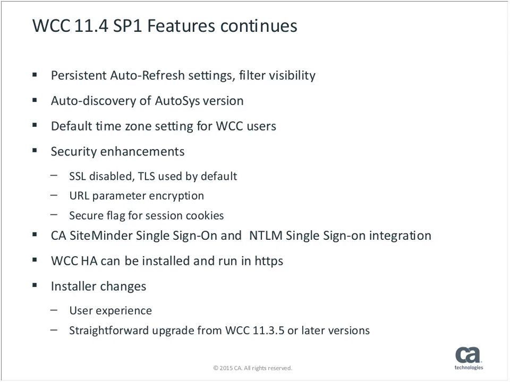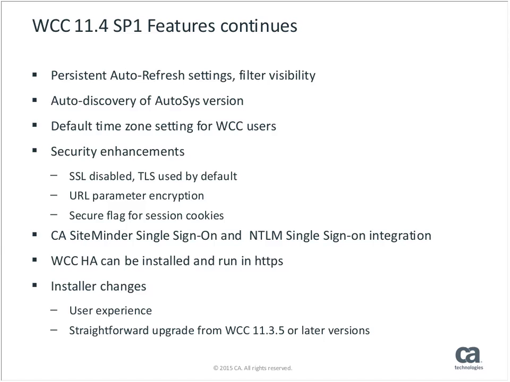We improved AutoSys validations, AutoSys server validation with auto discovery of AutoSys version. So version is currently set by what's returned by AutoSys. So you don't have to care about which version it is. You just hit the validation button, and it will validate server and set up the correct version.